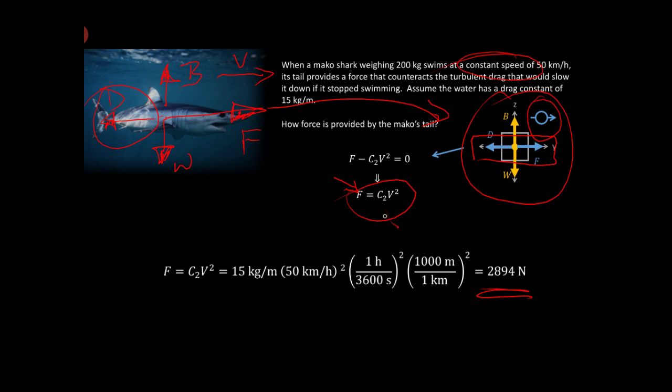So we know the C2 and we know the V, so we just have to plug numbers in, do a couple of conversions to get into the right units, and we end up with a nice, pretty answer that shows up on your screen right now, 2894 newtons.